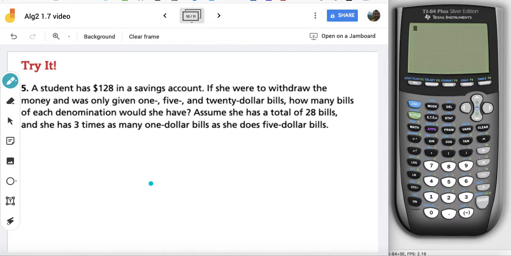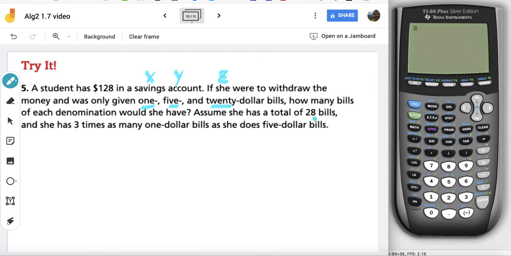Oh my gosh. Well, first, is this a problem that has 1, 2, or 3 variables? And she was given, I notice here, 1, 5, and $20 bills. So I'm thinking it's a 3 by 4 matrix again. The number of $1 bills will be X, the number of $5 bills will be Y, and the number of $20 bills will be Z.